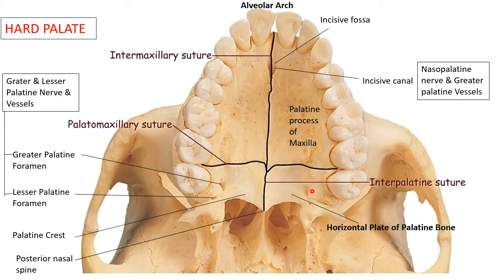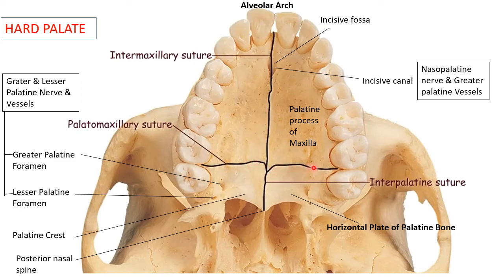Posteriorly, the horizontal plate of the palatine bone of one side and the other side unite in the midline through a suture called the interpalatine suture. So these two horizontal plates of the palatine bones form the posterior one-third of the hard palate, and there is a suture between the palatine process of the maxilla and the horizontal plate of the palatine, which is called the palatomaxillary suture.